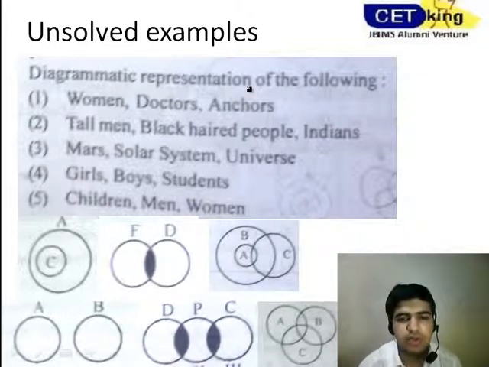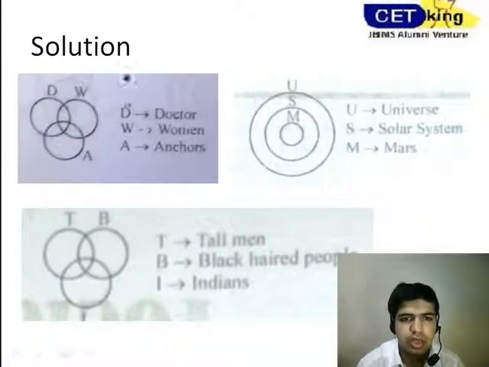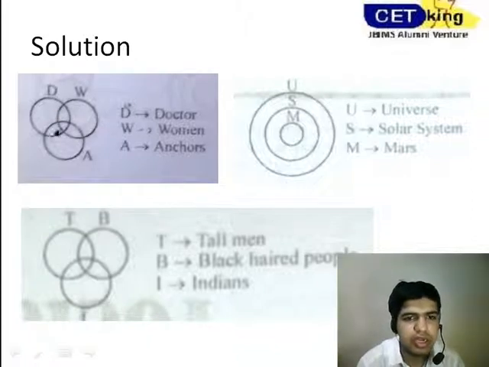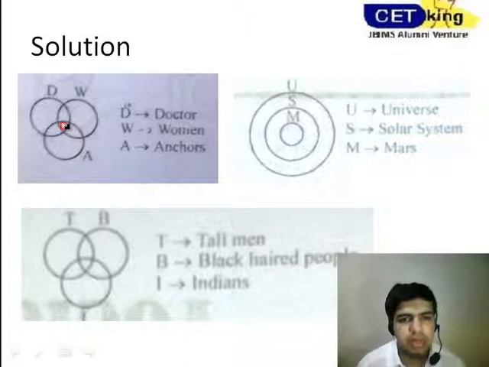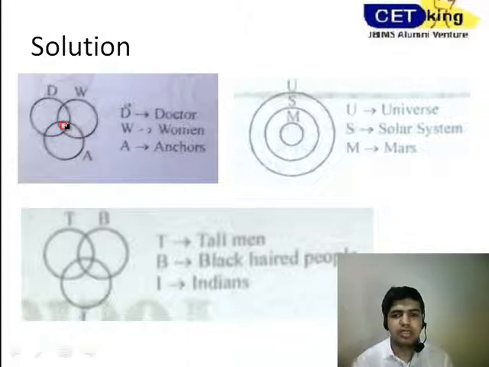Some anchors are women, but not all anchors are women. So we'll have again a common part. And can those anchors be doctors? Yes, those anchors can be doctors at the same time. So this is the type of diagram that I'll get: a common area between D and W, W and A, and D and A, and some people here can be women, doctors, and anchors at the same time.